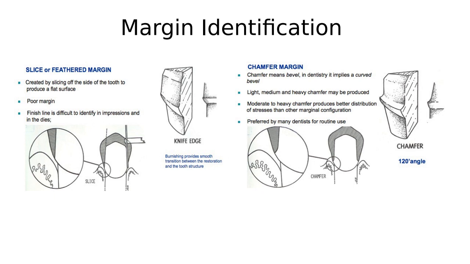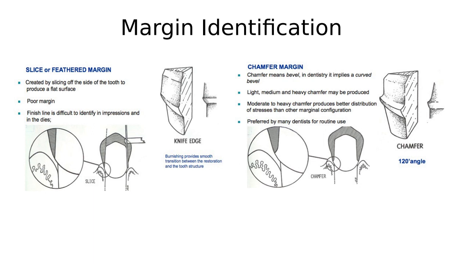So again, different presentations of the margins. So feather margin or knife edge margin, it's kind of similar. We see that it's really not very well defined, like we see it in the chamfer margin or the shoulder margin.